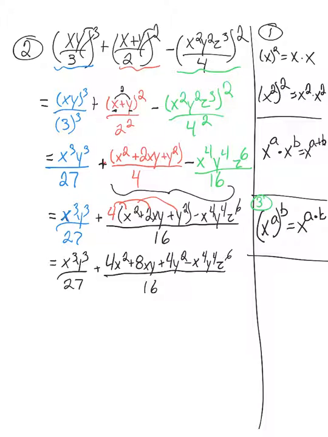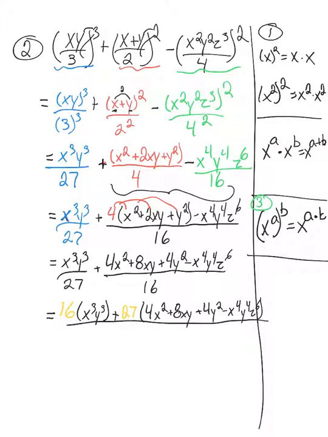So the quickest way to do it would be, I'm going to write the numbers that I multiply in yellow. 16 times x cubed y cubed, plus 27 times (4x squared plus 8xy plus 4y squared minus x to the 4, y to the 4, z to the 6), all over 27 times 16, which would equal 16x cubed y cubed.